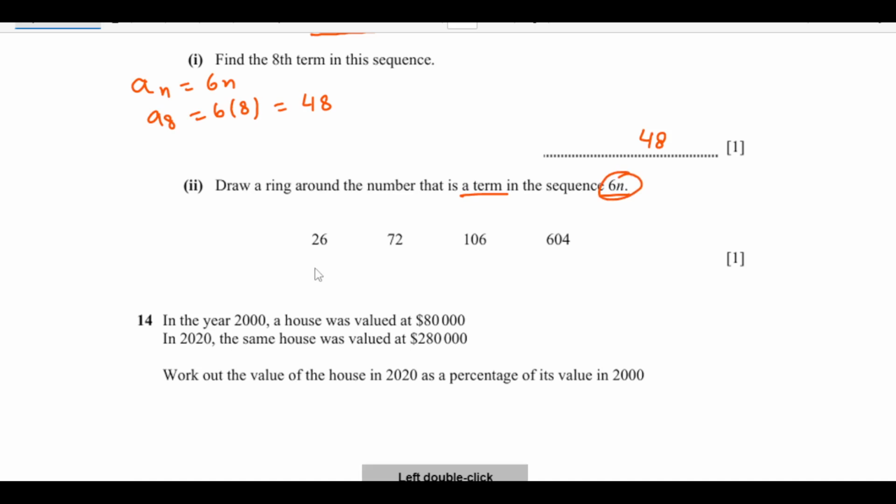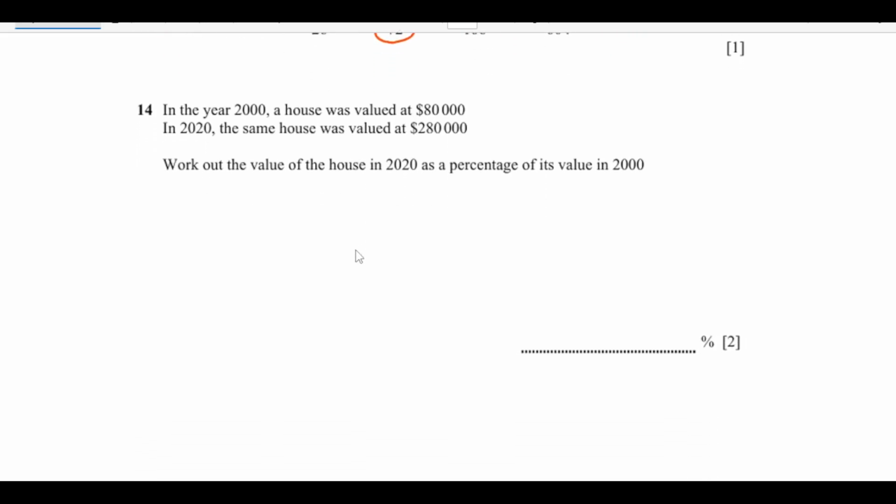So any number which is divisible by 6 is going to be in there. 12 divided by 6 is 2. 106 divided by 6 gives us 17.6, so this is not the case. 604 divided by 6 is again not a whole number. So it's only 72 which comes in this sequence.